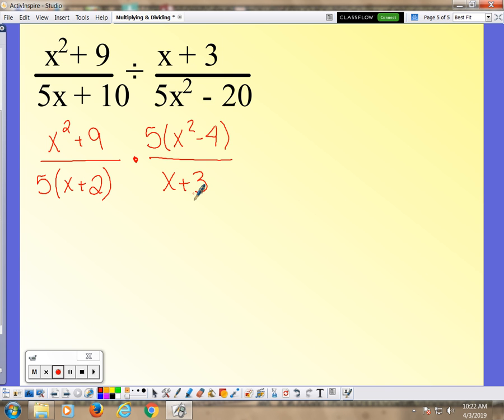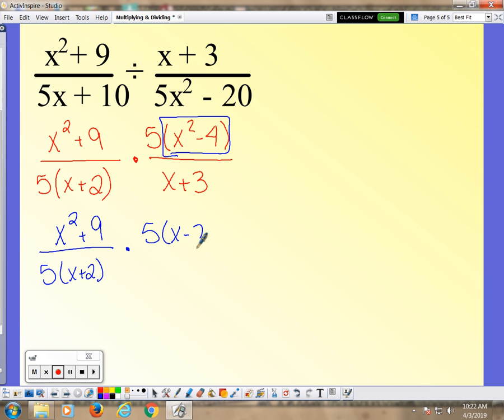Now, I can still factor this piece right here. He's still factorable. So we're going to rewrite it once again, or some of you might write it above it. So we're going to have x squared plus 9 over 5 times x plus 2, times 5 times x minus 2, x plus 2 over x plus 3.